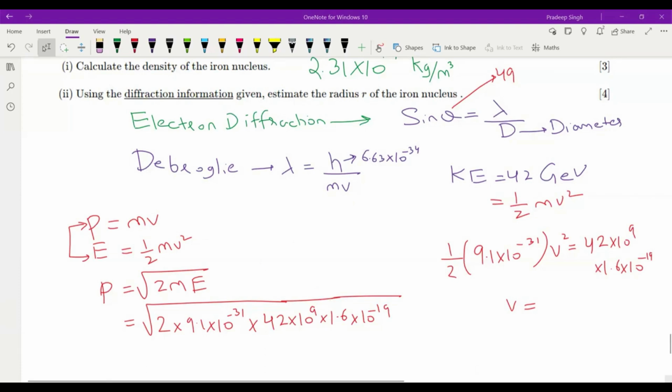This will give us an idea where we are going wrong. Anyone getting this momentum?